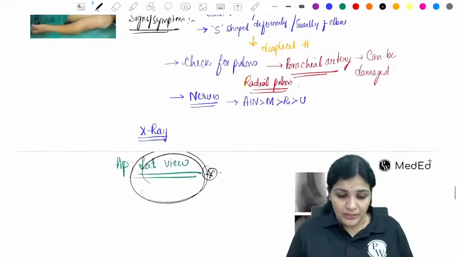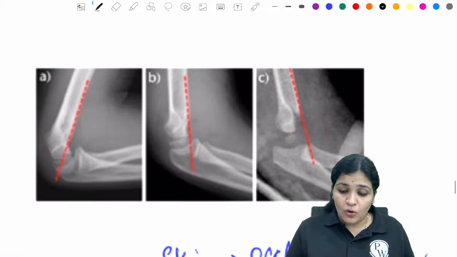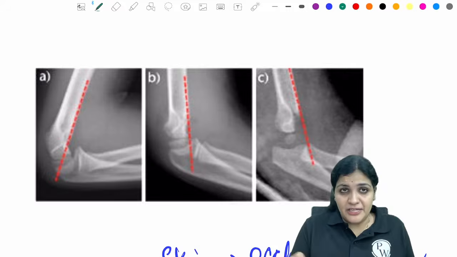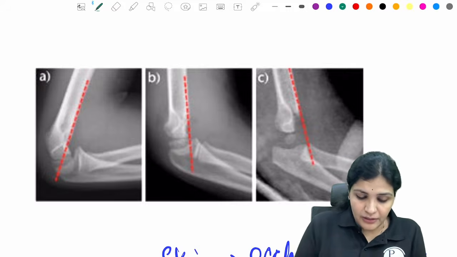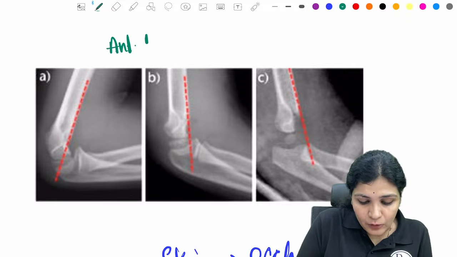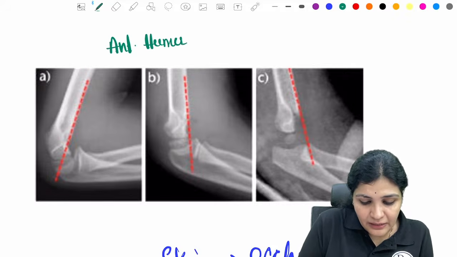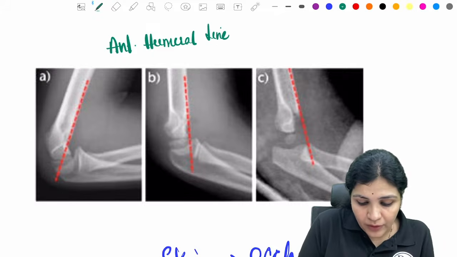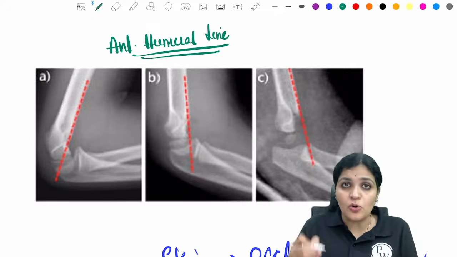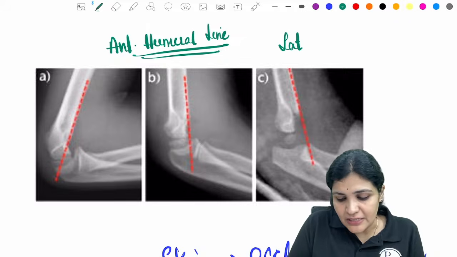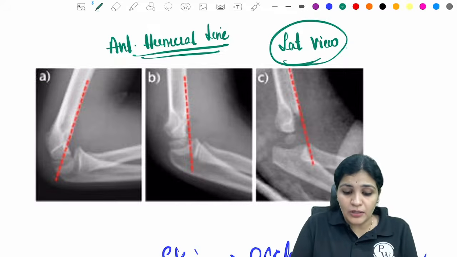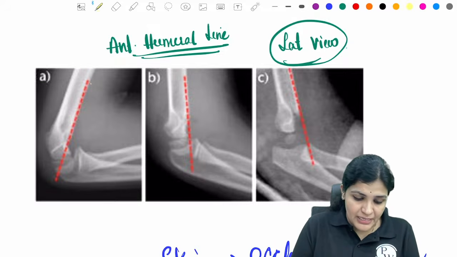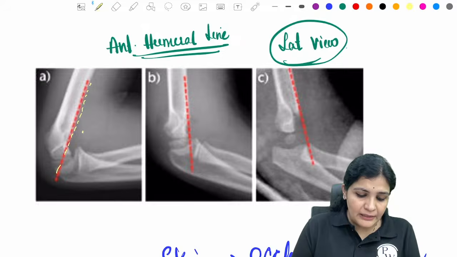So what you're going to see on the lateral view is this. Sometimes even the undisplaced fracture we need to diagnose, right? If you see this particular picture here, this is the anterior humeral line, which I am drawing on the anterior part of the humerus on the lateral X-ray. This anterior humeral line should cross the capitulum, in any direction you put the limb.